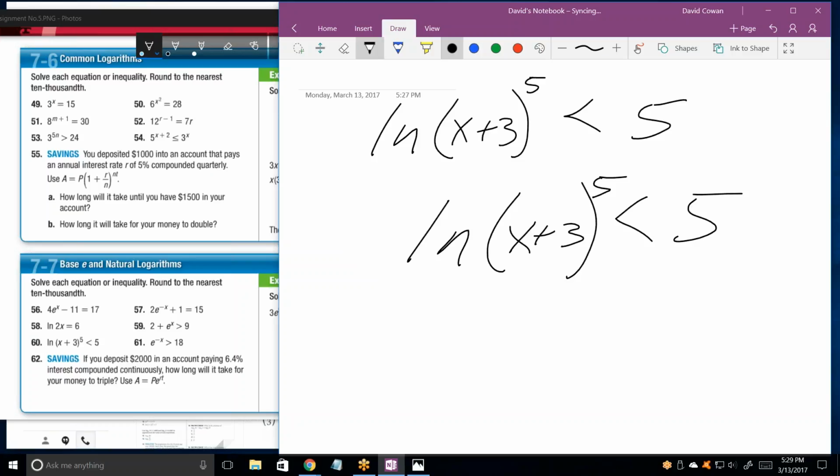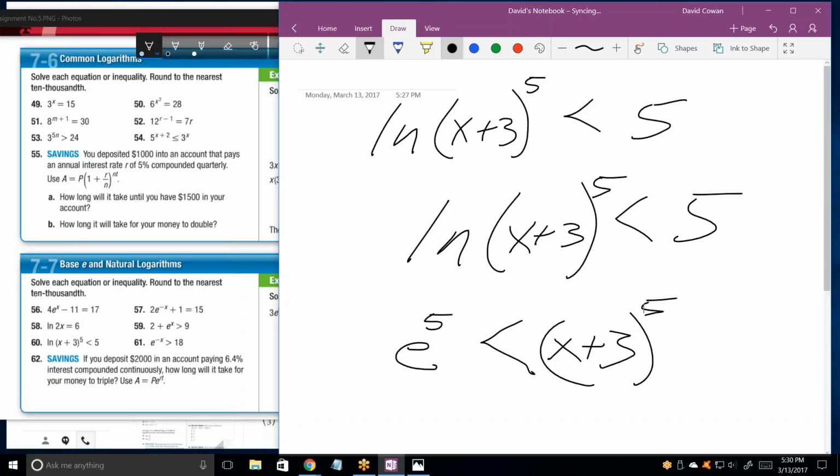Can I continue to say that e to the 5th is less than x plus 3 to the 5th? I believe I can. When I say I believe, it's because I'm not sure I've ever had to solve one of these, where you start with a logarithmic inequality. But this has got to be the only way to do it.